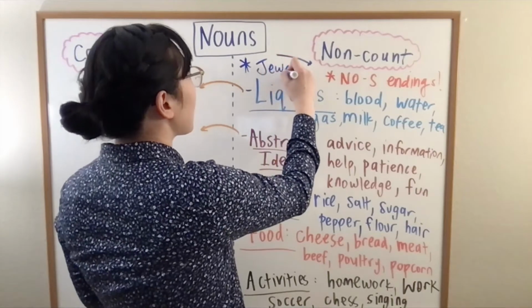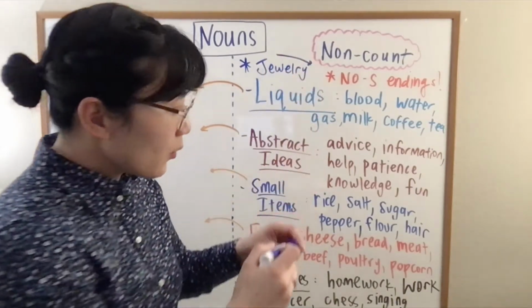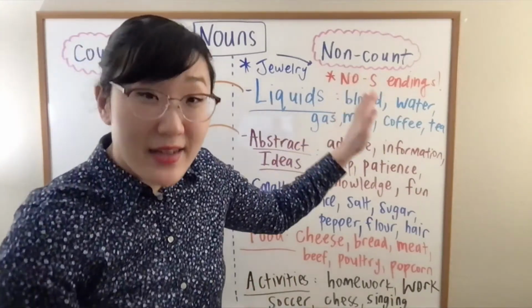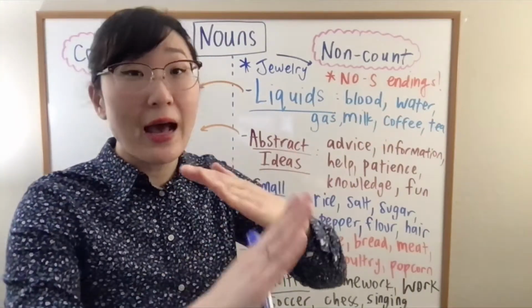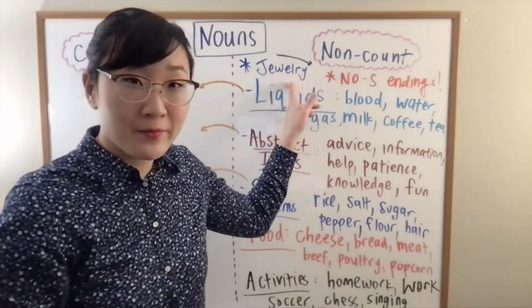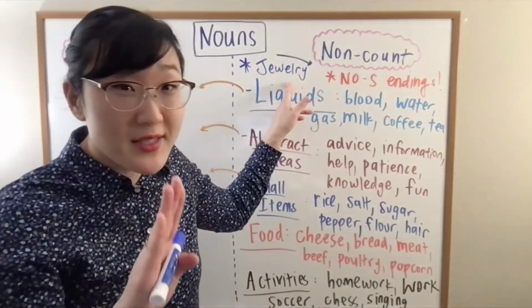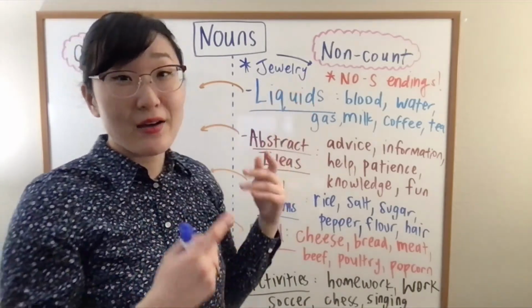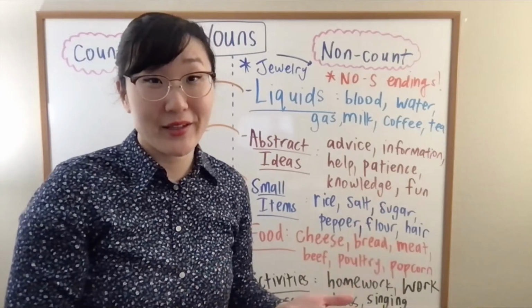Jewelry is also a non-count noun. What does non-count mean? This means that the nouns will never have an S ending sound. So for example, jewelry, I do not say, I have many jewelries. No, I have a lot of jewelry, okay?